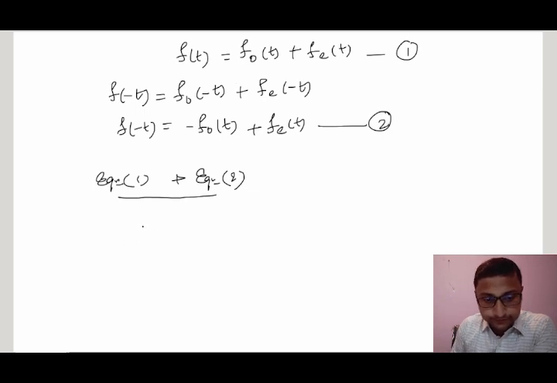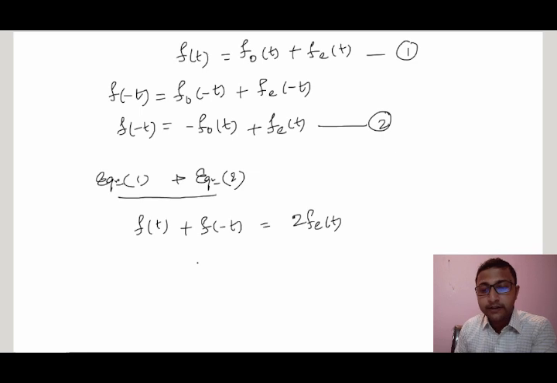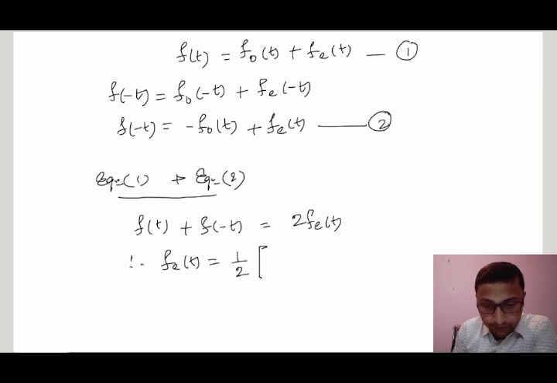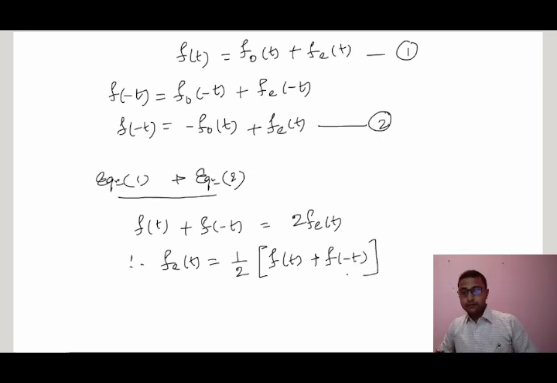That means f(t) plus f(-t) is equal to twice f_even(t). So finally we got f_even(t) equal to half of f(t) plus f(-t). Clear? So this is very important.